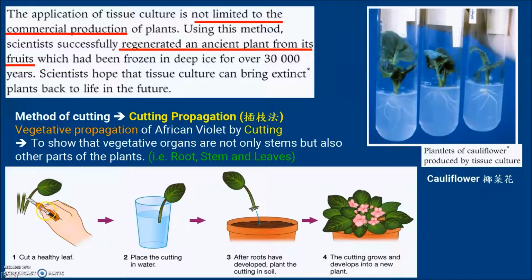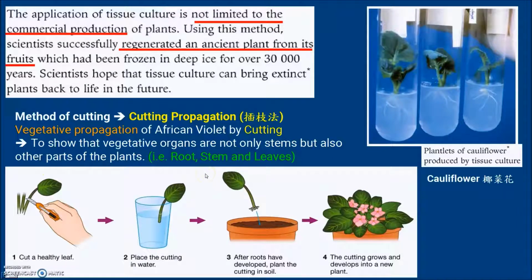After we cut the healthy leaf, put it in water and let the root grow. After the roots have developed, we can put it in the soil to let it develop further and further to become a whole plant again. In this diagram, what I want to demonstrate is that the vegetative organs are not only the stems, but also other parts of the plants.